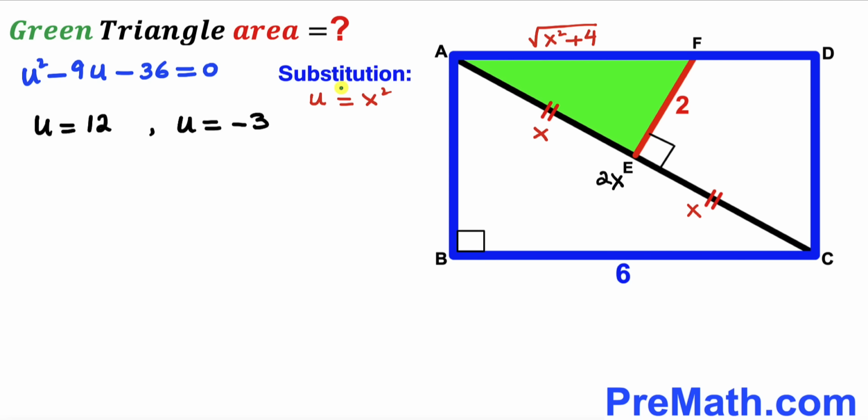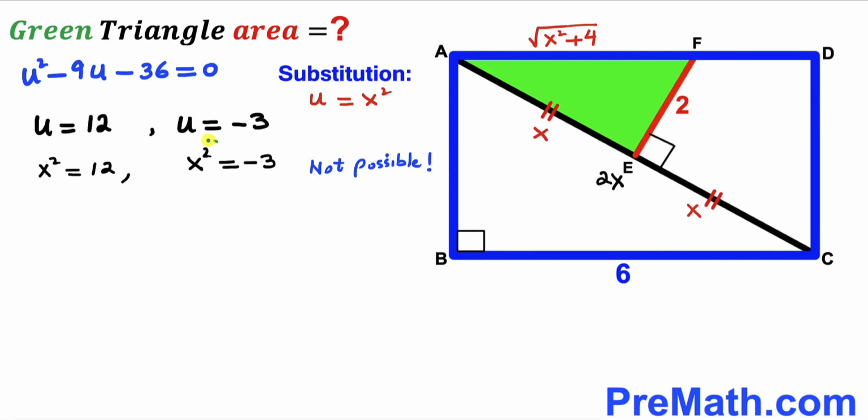And now we know that u equals x square. So I'm going to replace u with the x square over here and u with the x square over here as well. So therefore we could write x square equals 12. And here we got x square equals negative 3.